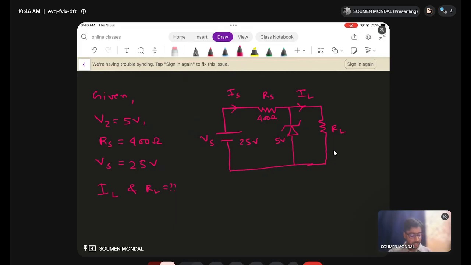Now by just looking at the numbers, I can surely say that Zener breakdown is occurring because this Vs is very much larger than Vz, that is 5 volt. But anyway, we can first check whether breakdown is occurring or not. If breakdown is occurring, that's good. Let me check the problem once again.